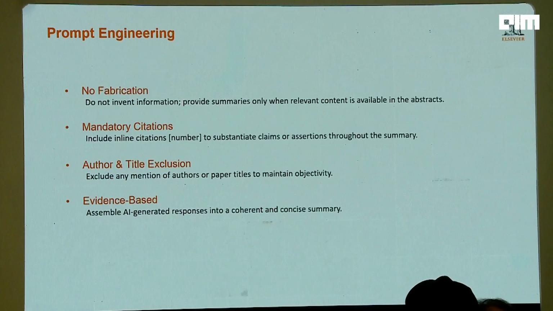When you speak about a scientific paper, there is a lot of associated metadata, like author details and so on, but we are using the abstract, and we want to restrict the LLM to just that to maintain objectivity. And the fourth is evidence-based, which is achieved through the 2 things we use for evaluation: the coherent and the concise summary.